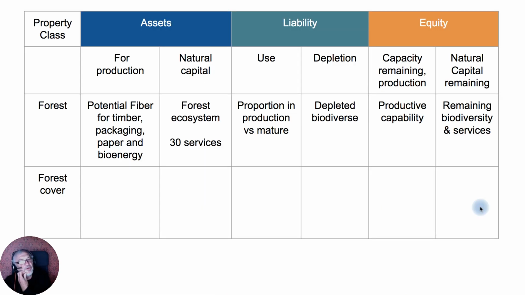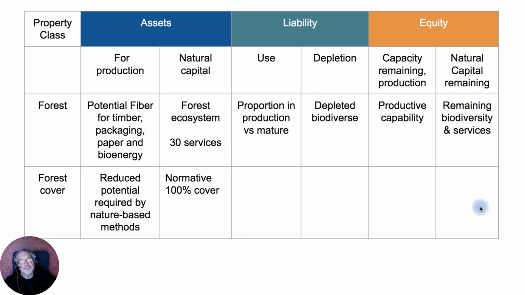Let's go back to our discussion about the forest. Now, if we were going to bring the forest back from its 20% depleted services, it would probably require nature-based methods to be introduced. It would require a normative of 100% cover.